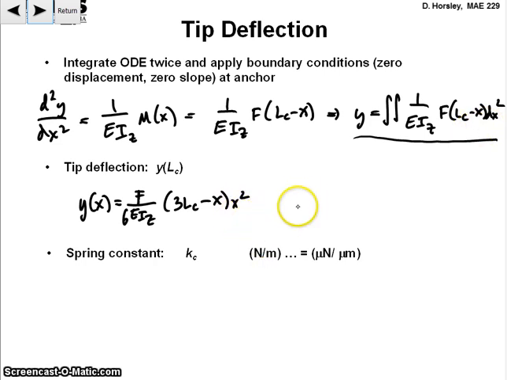This is the deflection equation for the cantilever beam. It tells us what the shape of the beam looks like, and you can see that it's a polynomial in x. It basically has a constant in it, and otherwise it looks like something like x squared.